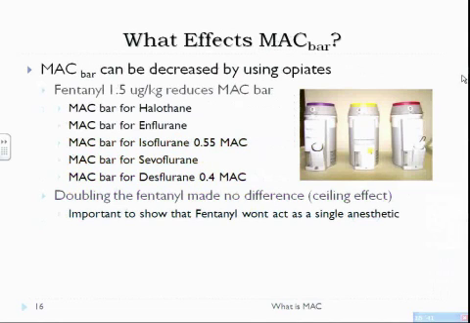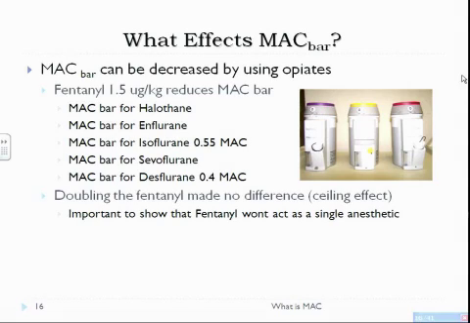Now, what affects MAC bar? MAC bar can be very significantly decreased by opiates. Okay? And you get a 50% decrease in MAC bar by using 1.5 mics per kilo of fentanyl. So the MAC bar, if you look at isoflurane, is down to 0.55 MAC. If you look at the MAC bar for desflurane, you're also down to 0.4 MAC.